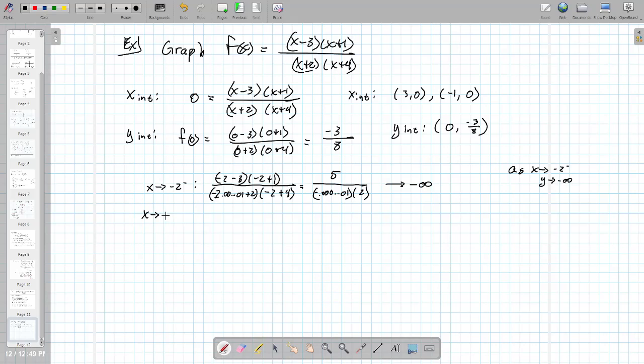Let's do x goes to negative 2 from the right, just to determine what the graph will look like as we approach negative 2 from the right. So again, negative 2 minus 3 in the numerator, negative 2 plus 1 in the numerator, and then this would be negative 1.99 all the way down to 9 here, times negative 2 plus 4. Again, we would have a negative 5 times a negative 1, 5.